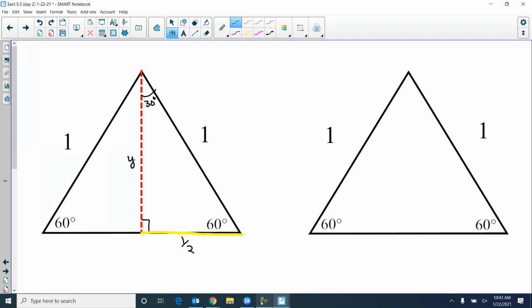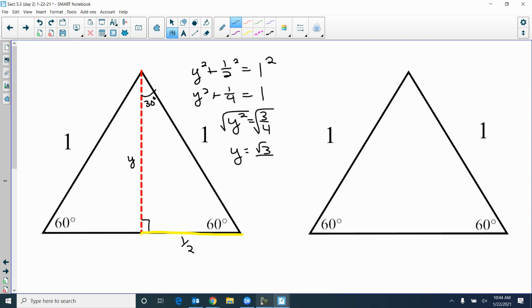I'll call that y. What's that value going to be? Well, you may not know off the top of your head. Pythagorean theorem: y squared plus 1/2 squared equals 1 squared. 1/2 squared is 1/4. 1 minus 1/4 is 3/4. Take the square root. I get the square root of 3 over 2.